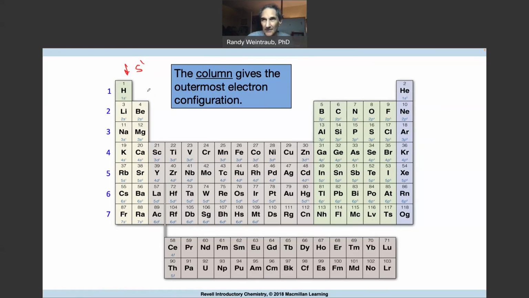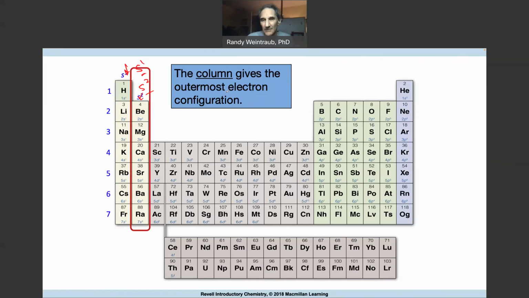The second column, or second group, all have an s2 as the outer energy level. Once we understand the periodic table, it's very straightforward to determine the electron configuration that occupies the highest energy level.